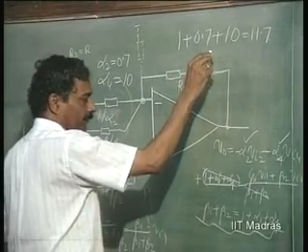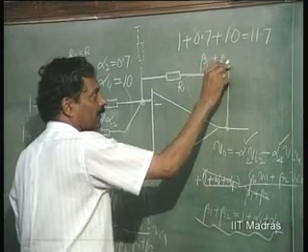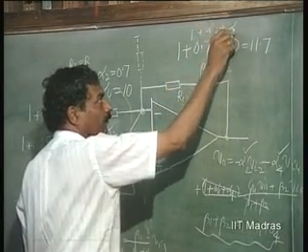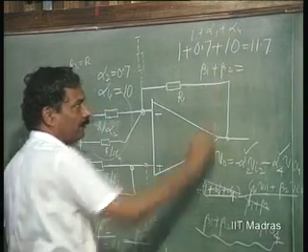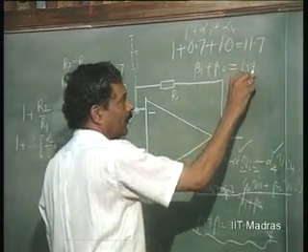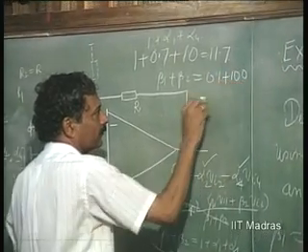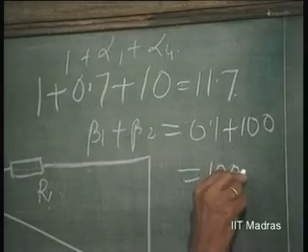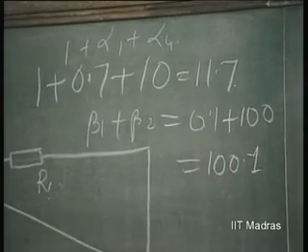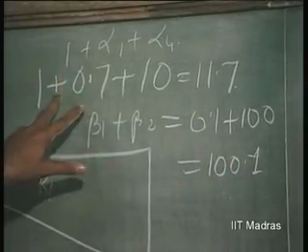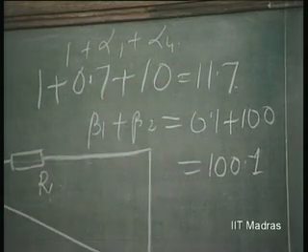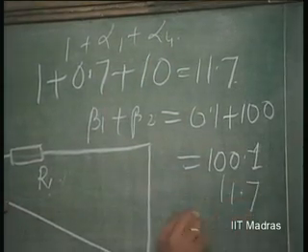This is 1 plus alpha 1 plus alpha 4. This is equal to 0.1 plus 100, 100.1, which is greater. Beta 1 plus beta 2 is greater than 1 plus alpha 1 plus alpha 4 by an extent which is, let us see.